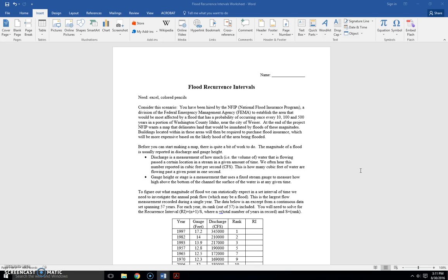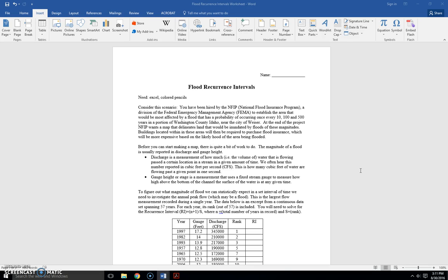There's also gallons per second, acre feet per year. It just depends on the scale and the type of units people are familiar with. But in this case, we are just looking at cubic feet per second, CFS.